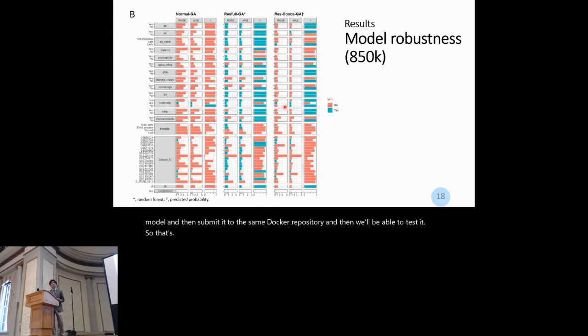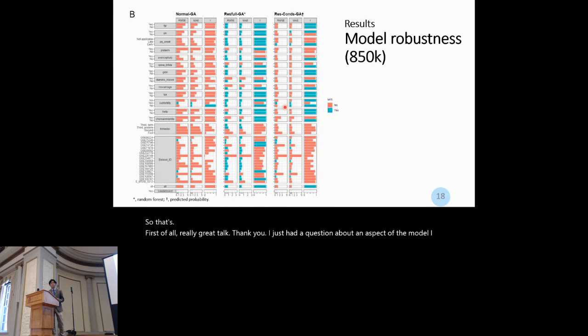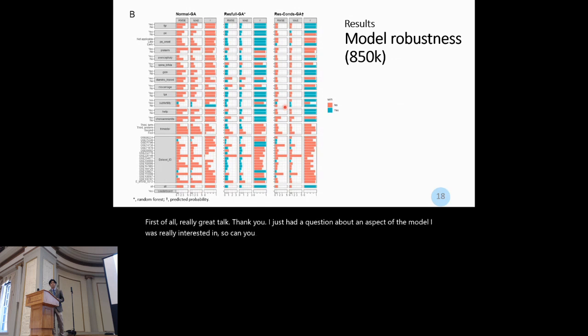First of all, really great talk. Thank you. I just had a question about an aspect of the model I was really interested in. Can you discuss a bit more about how you accounted for competing risks and the fact that the presence or probability of one phenotype can preclude or augment the probability of another? What do you mean about the probability?